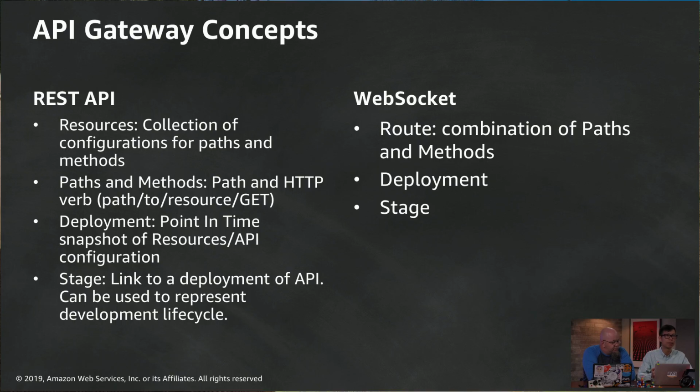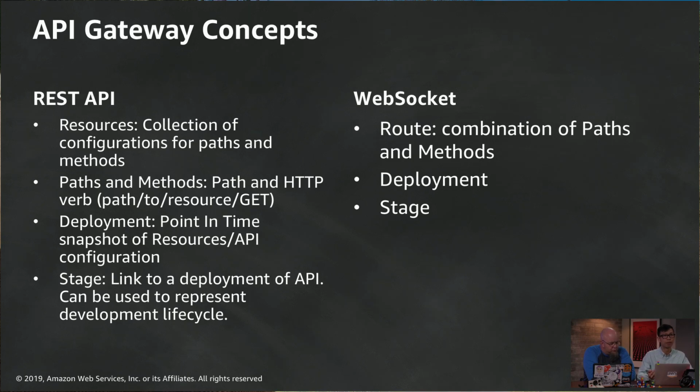Yeah, so if you think about the components or the concepts we have in API Gateway for each of these API types, they're very similar. So for REST APIs, at the base level, there are resources. This is just a collection of configurations for your paths and methods. So for example, if you had a user path and you want to list users, that would be a GET on that users path, right?